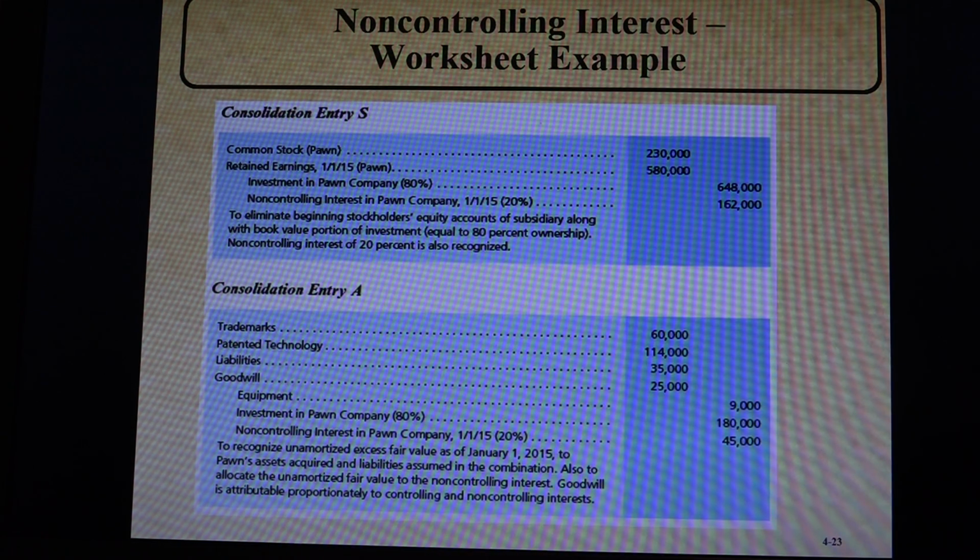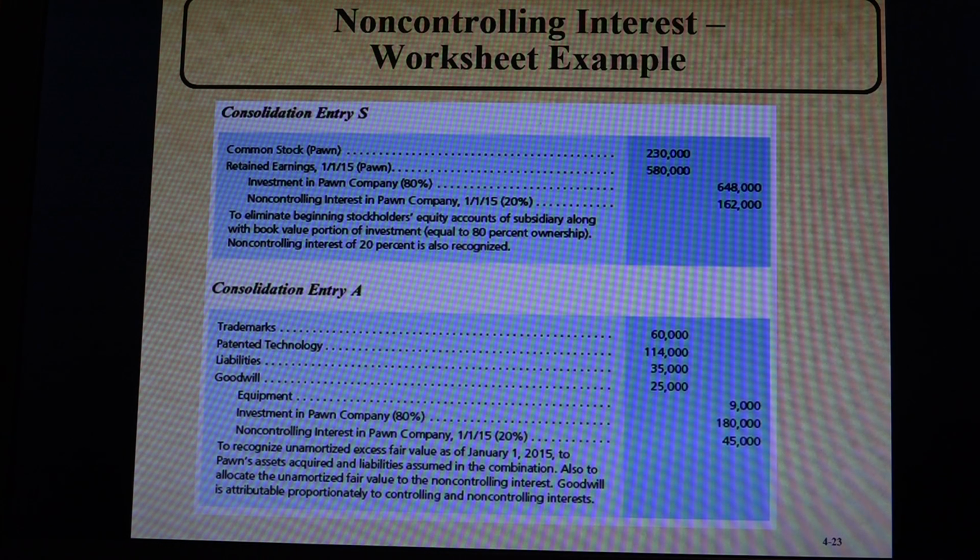So that's where they came up with that 162,000. And if you think about it, I don't think they did that in here, but that's the parent's book value as of 1115, right? So that's where they came up with those numbers.